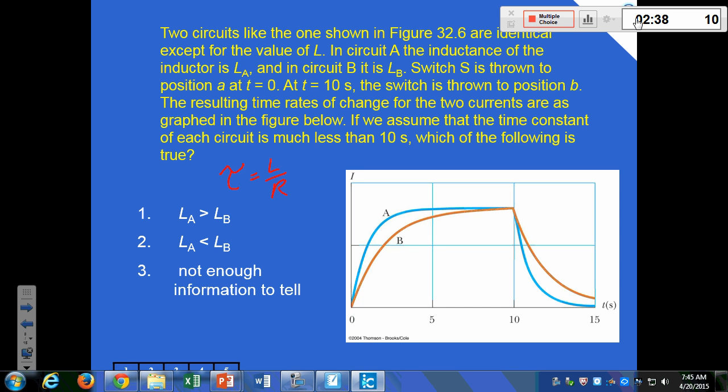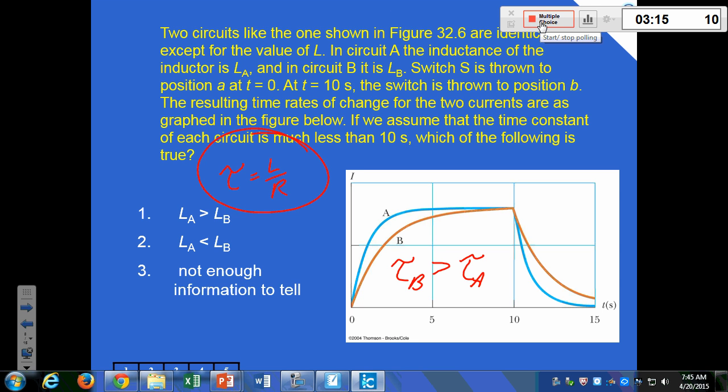So the inductive time constant for circuit B is bigger than the inductive time constant for circuit A. So if tau B is bigger than tau A, write that down. I know that my time constant is directly proportional to my inductance. What does that tell me about the inductors in these circuits? Okay, good.